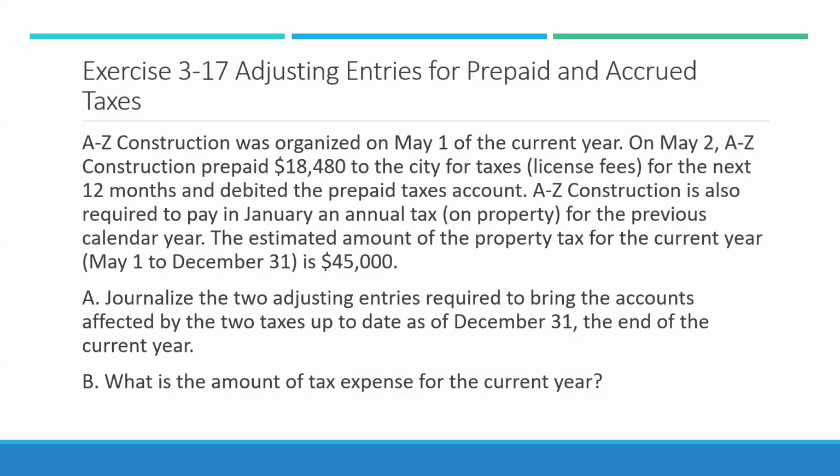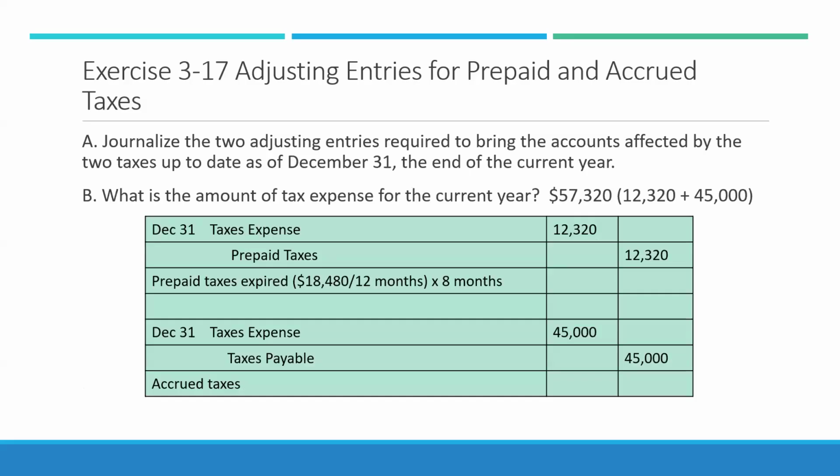Someone, 18,480 divided by 12 is how much a month? And multiply that times 8 months. Because remember, we have 8 months since we did that May 1st. So 8 months.